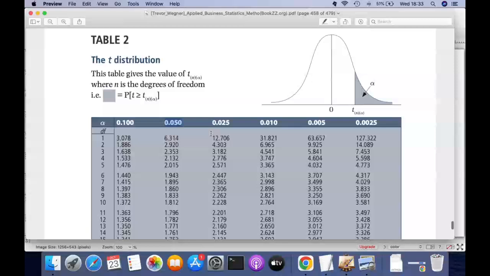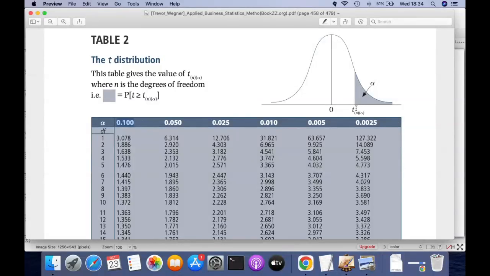So the area is alpha. And if you look at the first row, there's your alpha values. You're only given 6 specific areas, 0.1, so 10%, 5%, 2.5, 1, etc. Those are your different areas, so those are your different alphas.